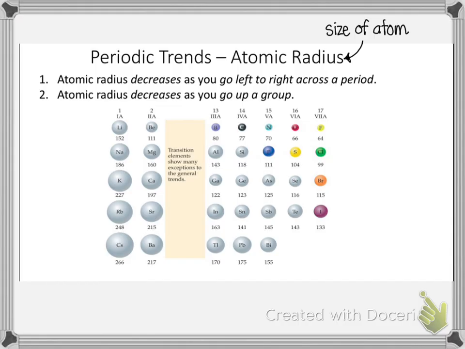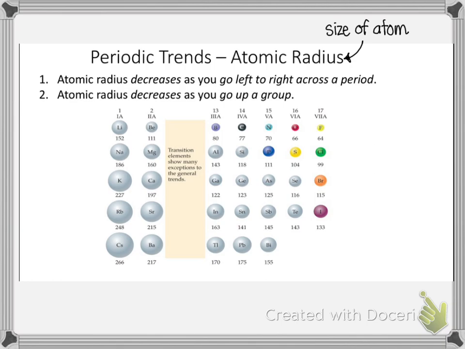But if we're looking at the representative elements, the radius gets smaller as you go from left to right across a period. The period is the rows. If we're looking at a group, that's the columns, it gets smaller as you go up.